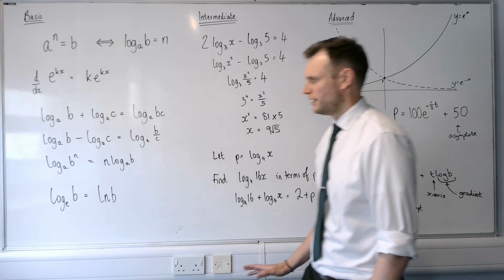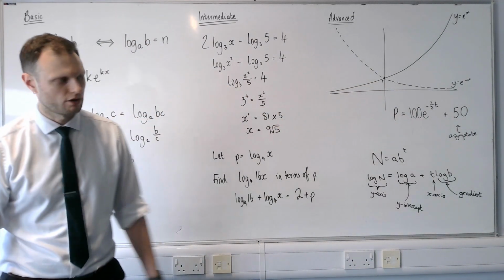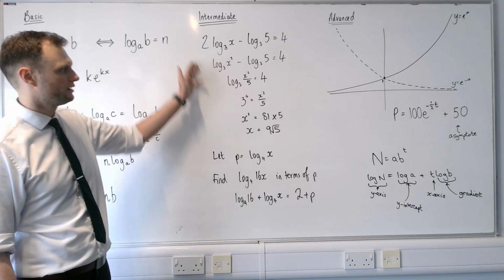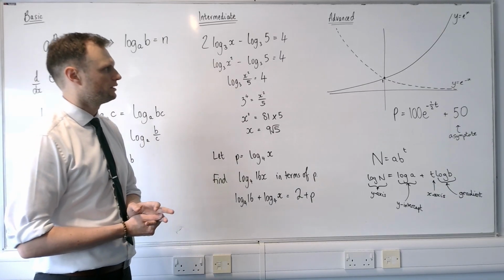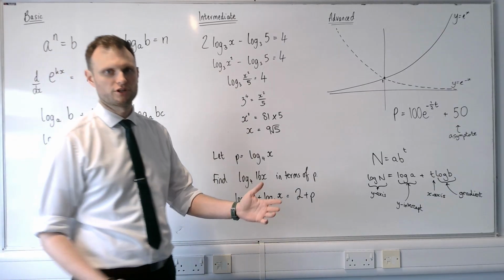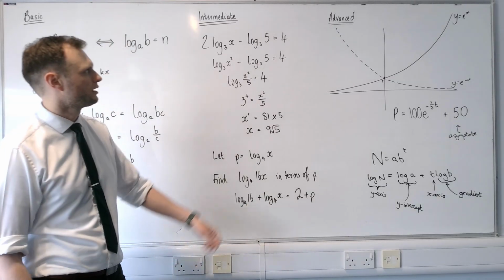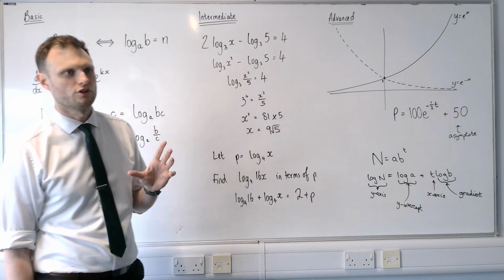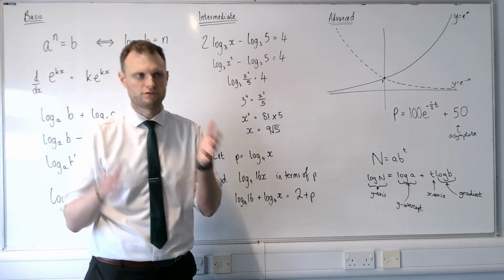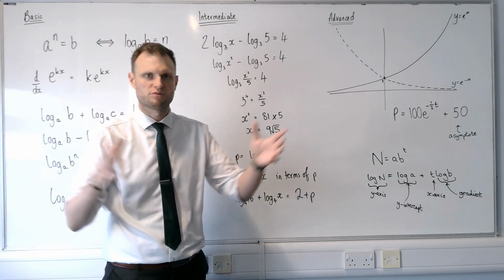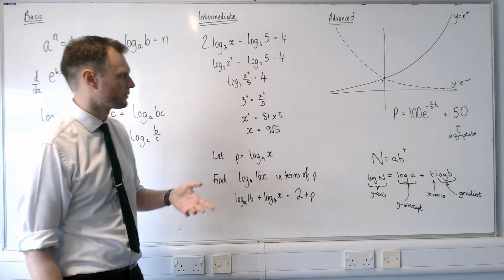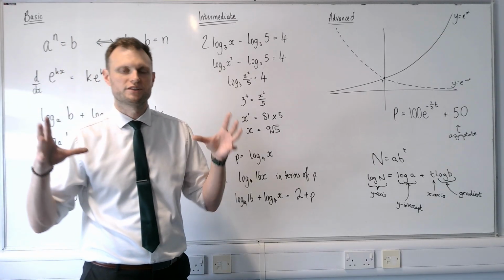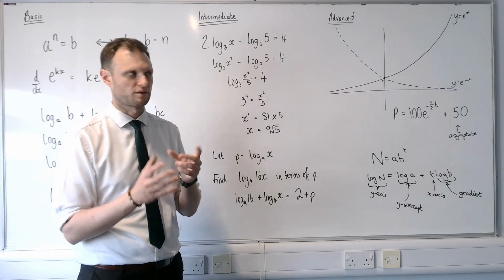Okay, intermediate stuff. We've got solving logs, or solving log equations. Now, there's a process you want to use for solving log equations. The whole idea, like solving normal equations, is if you've got multiple terms, you want to combine those terms together to simplify it. With logs, you want to combine your log terms together to simplify it.